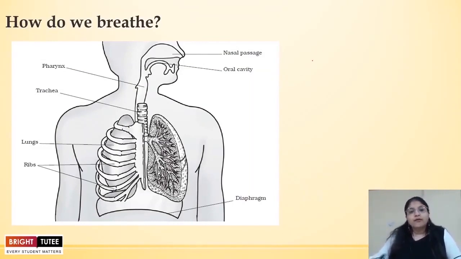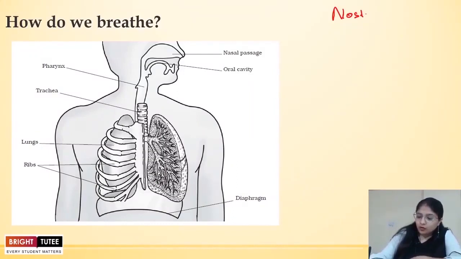Now, first of all, whenever you're breathing, the very first thing which happens, you must have noticed, is that the air goes into our nostrils, right? And from the nostrils, it goes into our body. So the path followed by the air is, first of all, into the nostrils, and from the nostrils it goes into the nasal cavity. After the nasal cavity, the air reaches the lungs.